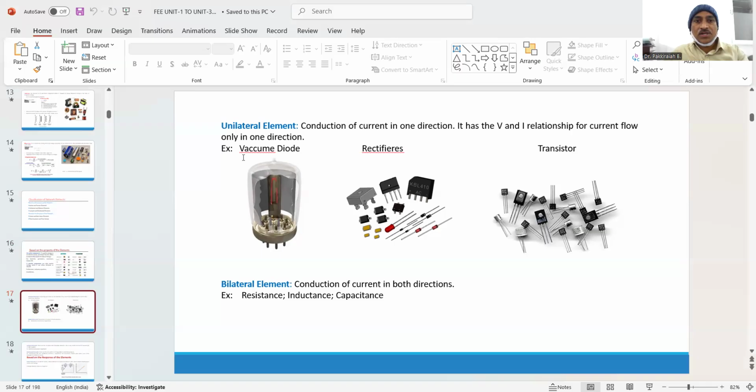Examples you could see like vacuum diode, rectifiers, transistors. Bilateral elements means if the conduction of the current is in both directions. Example, resistance, inductance, and capacitance.